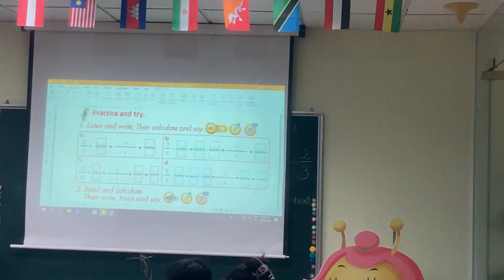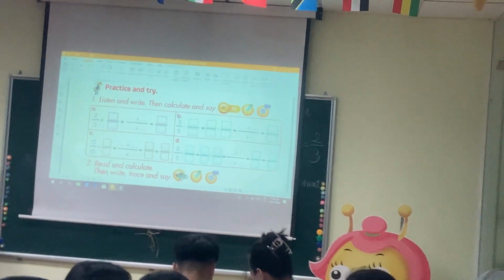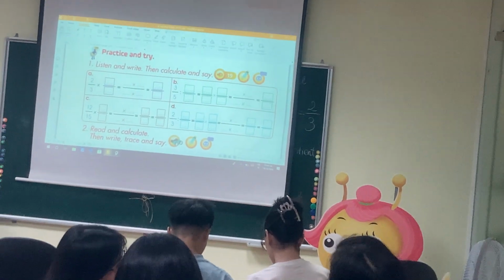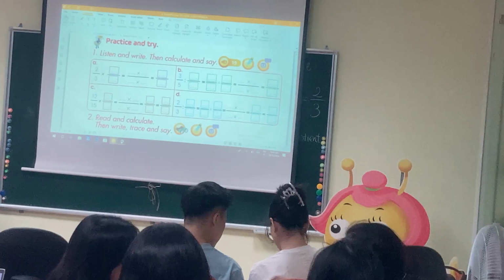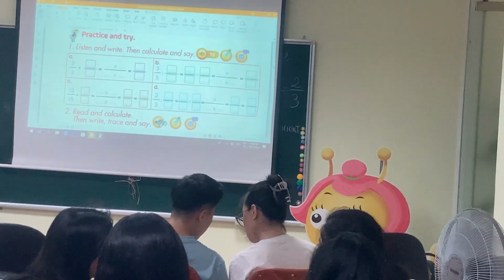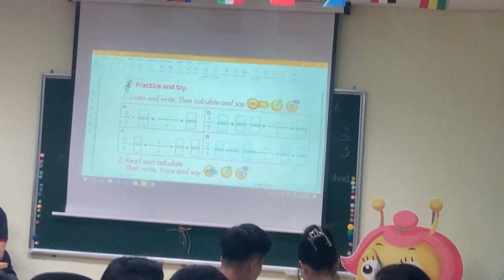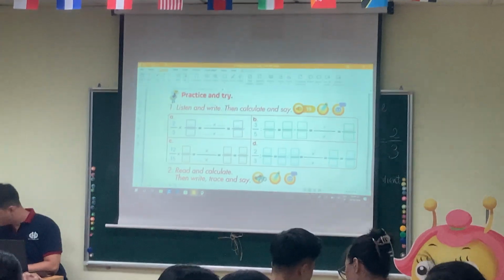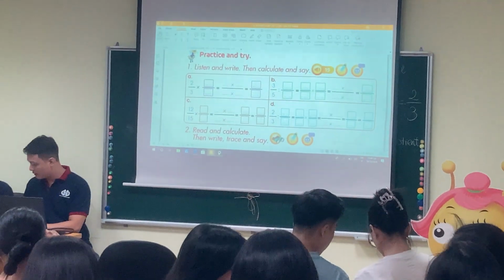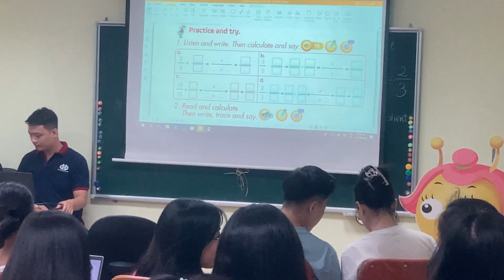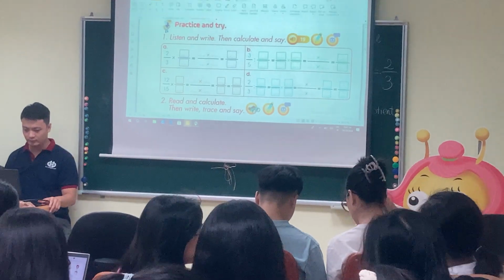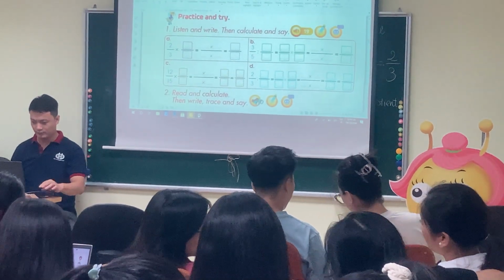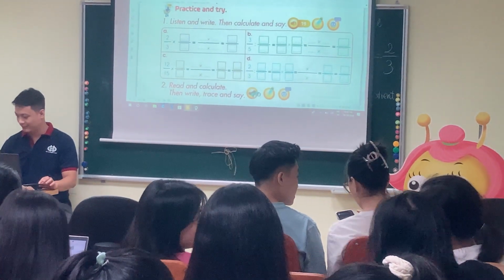Okay, listen again. Track 19. Listen and write fractions. Then calculate and say. A. Factor 2 has the numerator of 4 and the denominator of 7. What is the product?